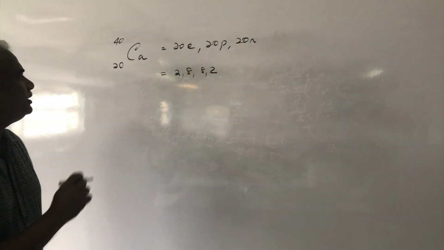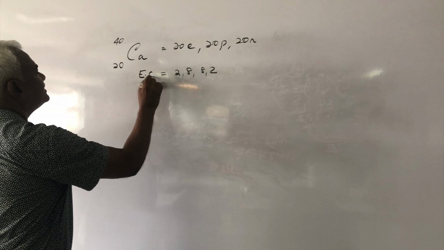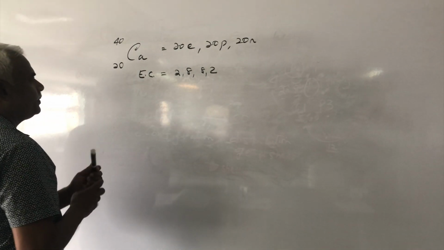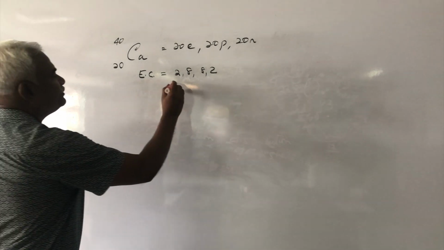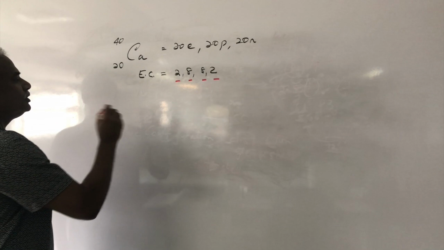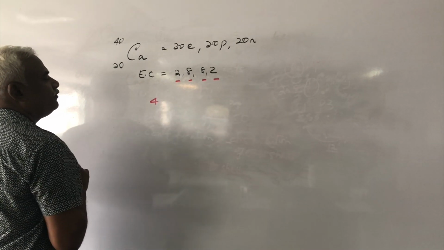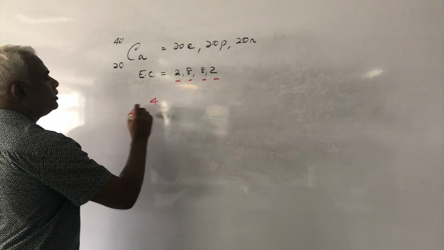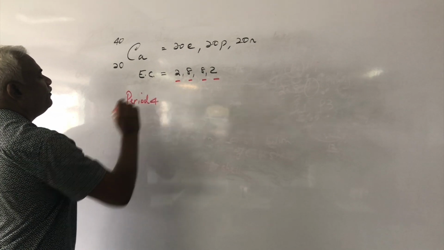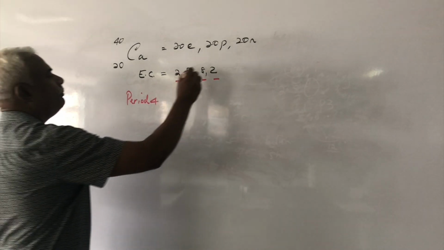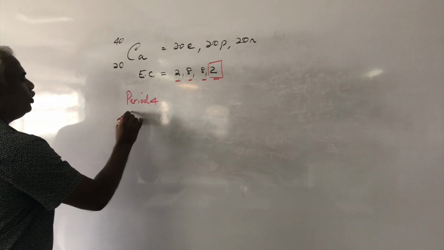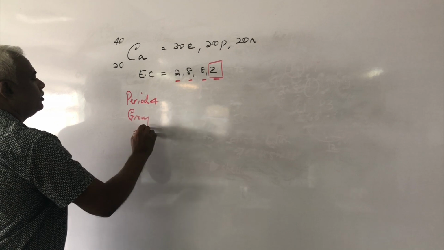Electronic configuration of calcium, 2, 8, 8, 2. Let's look at the number of shells: 1, 2, 3, 4. 4 shells, therefore, it is in period 4. Number of electrons in the outer shell, I have 2. Therefore, it is in group 2.